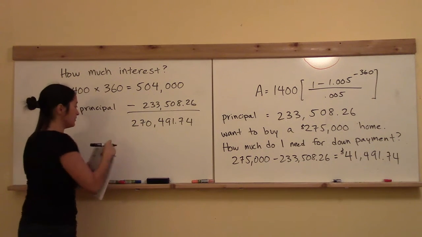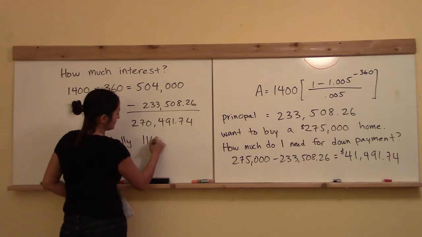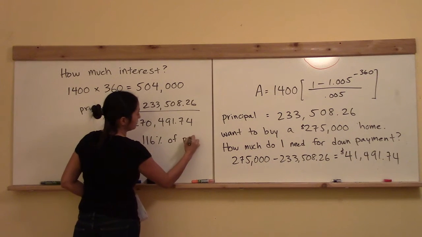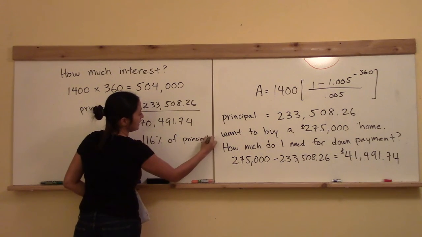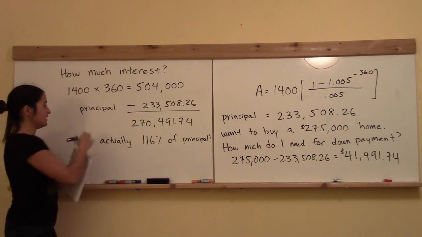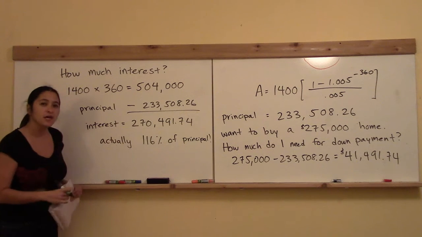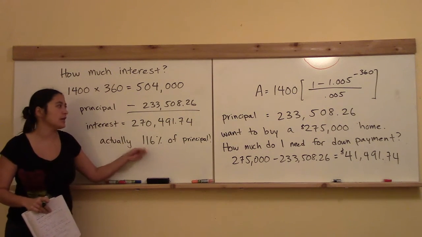This is incredible. This is 116% of the principal. Okay, and that's not to say that you only paid 16% in interest. What I'm saying is the interest itself is over 100% of the principal.